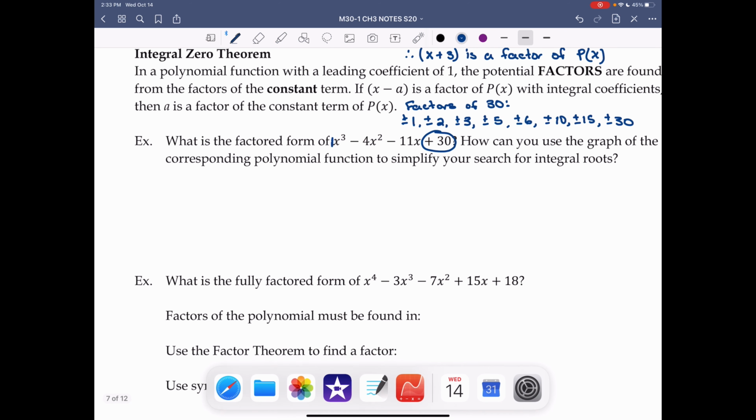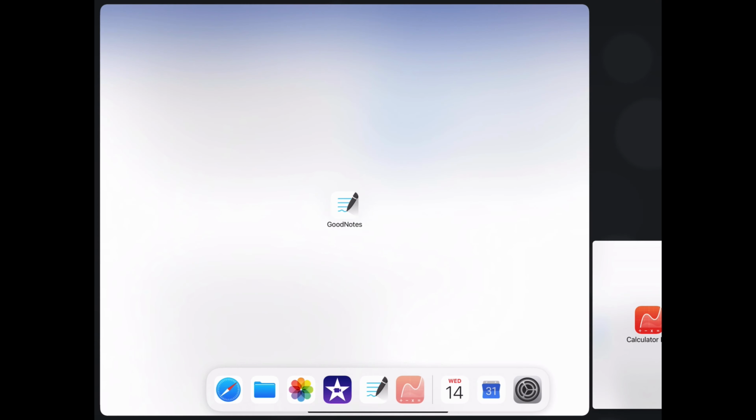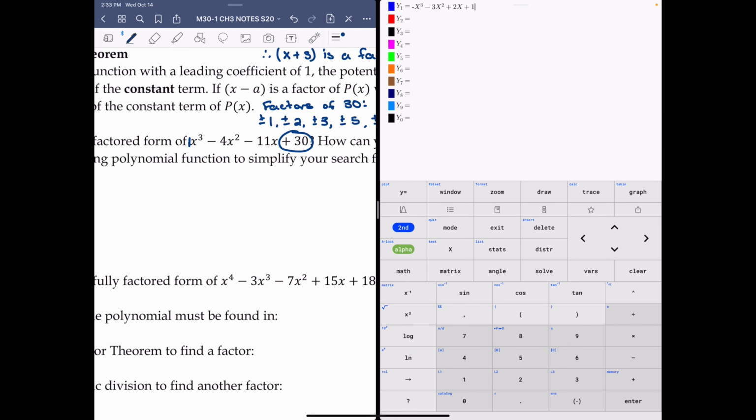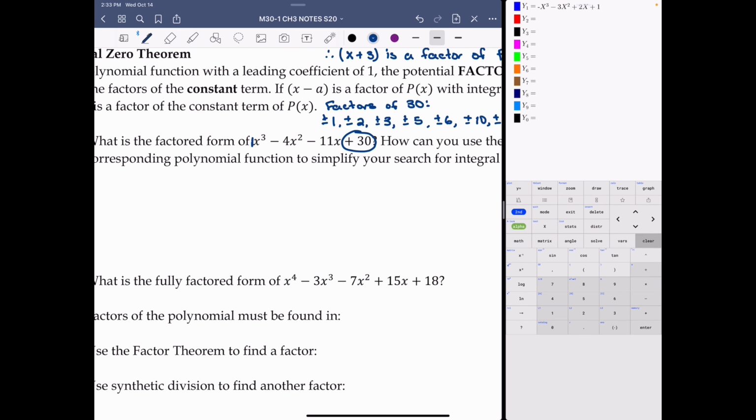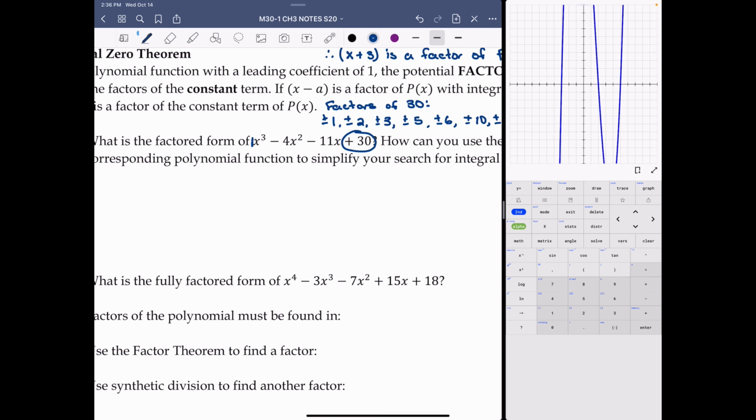Let's graph this polynomial. We have x to the power of 3 minus 4x squared minus 11x plus 30. Graph that, and here's what we get.